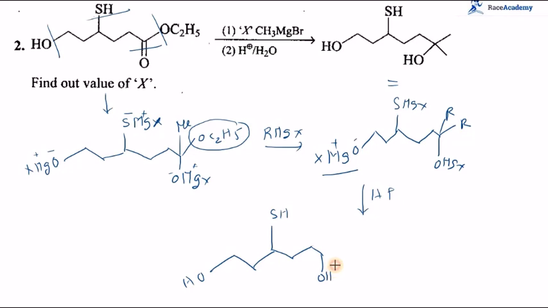This OMgX will become OH, and the remaining are alkyl groups. The alkyl group is R only, that is CH3, as per the discussion.